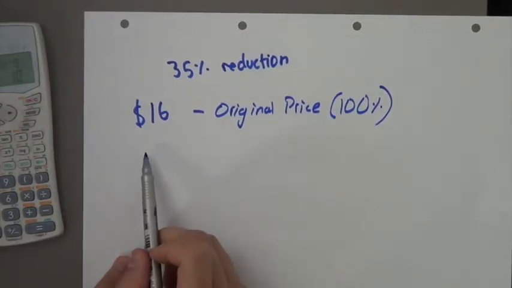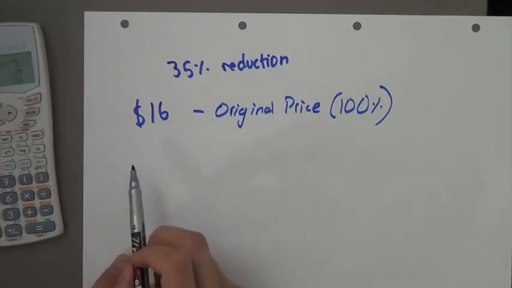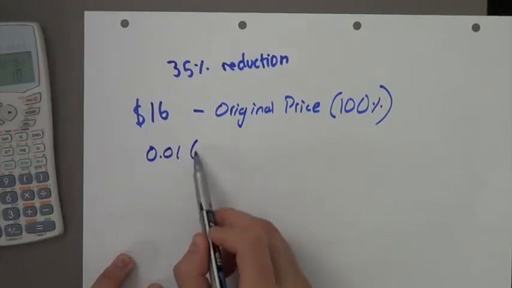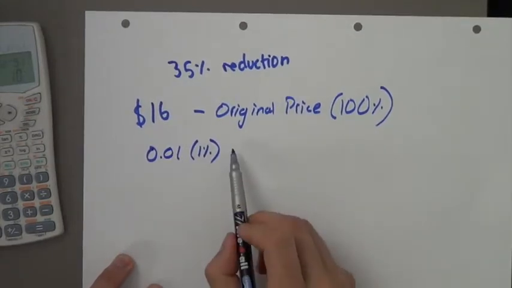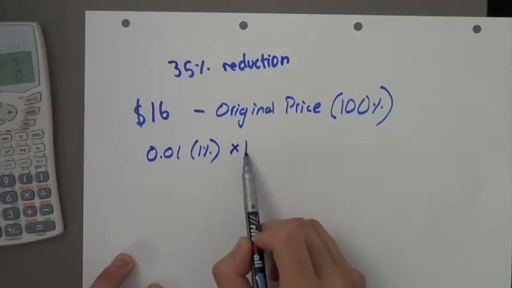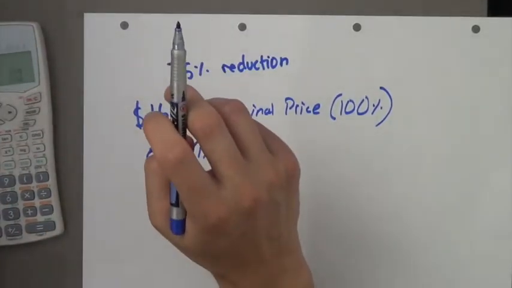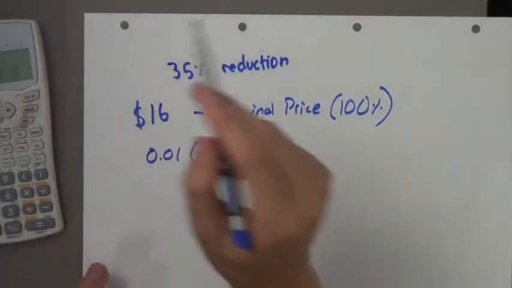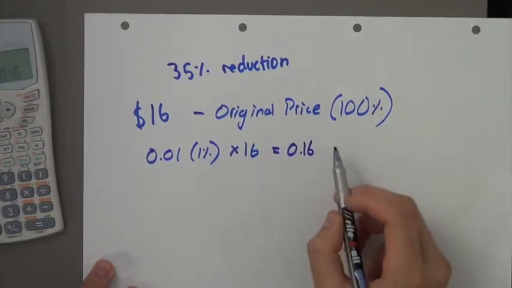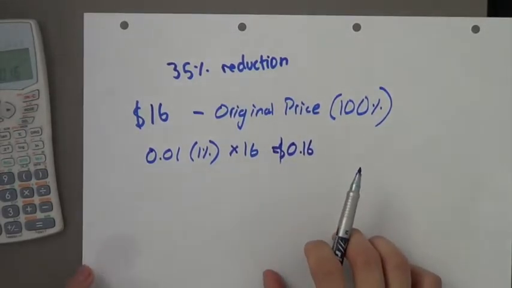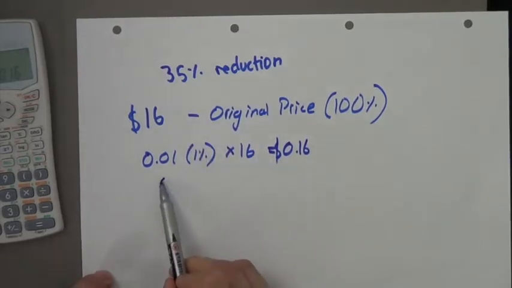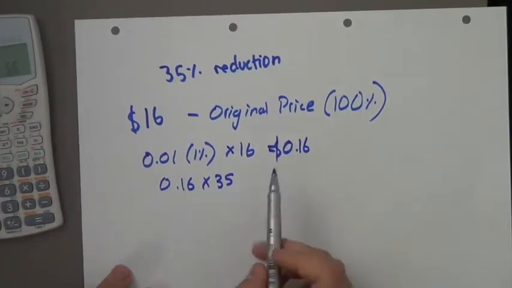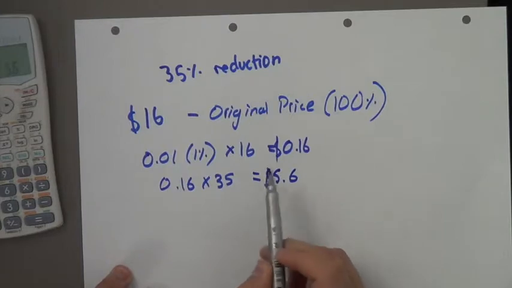So first of all, I'm going to work out what 1% of 16 is. So I'm going to do 0.01, which is 1%, so 1 divided by 100, times 16. So 0.01 times 16 is $0.16. So that's 1%. Now I'm going to multiply 0.16 times 35 to give me what that 35% is, and this is $5.6.